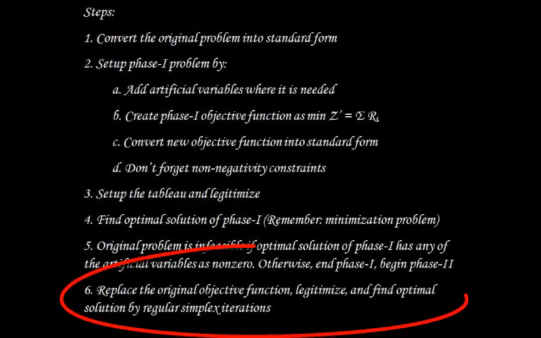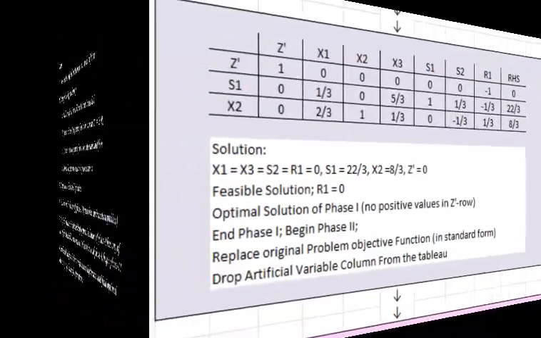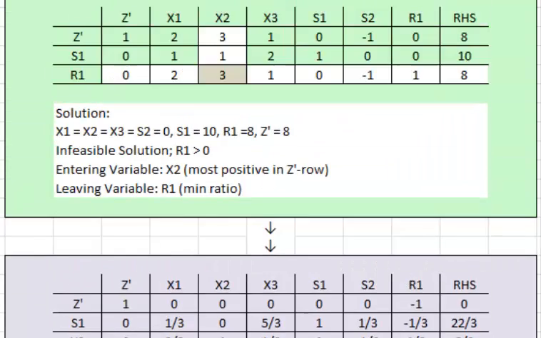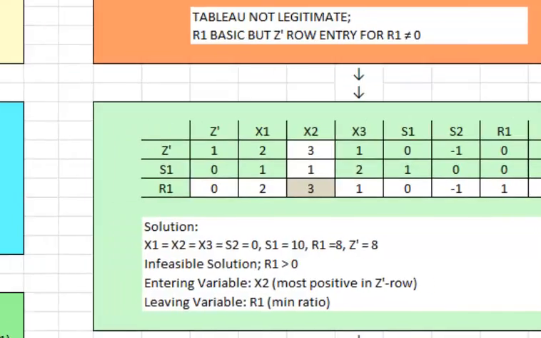In this case, at the start of phase 2, we are going to replace the original objective function into this tableau. We will drop the artificial variable column from the tableau. The original objective function was this objective function here.